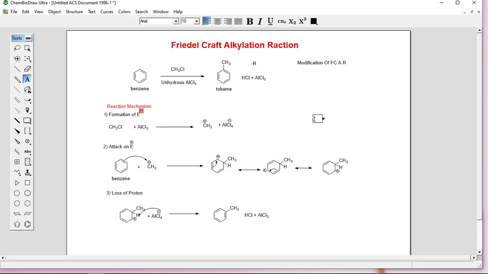So in the modification, instead of this alkyl halide, you can use alcohol or an alkene for alkylation. Instead of this methyl chloride, you can use any alcohol or any alkene for the alkylation reaction in presence of acid.